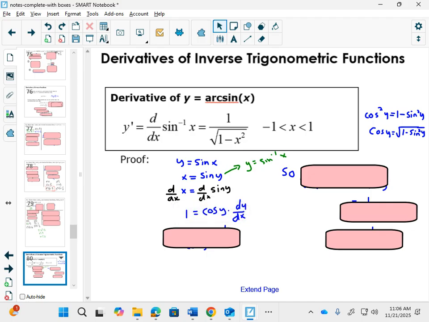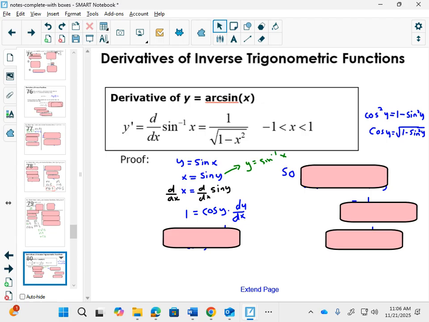And d dx of sine y would be cos y dy dx. And from this moment, I'm going to give you 2 options for figuring out the proof. One will be an algebraic option, and the other one will be a diagram option.